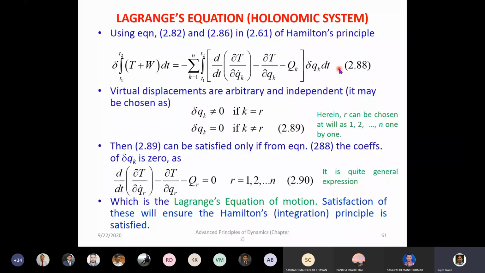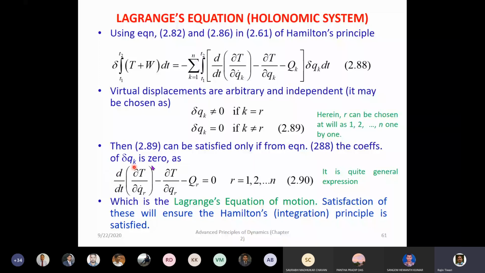To satisfy that, the term within the square bracket should be equal to 0, because the variation is arbitrary, so it cannot be 0. So all the terms within this summation, there will be n terms, should be independently equal to 0. This is the expression for that, where r can take values from 1 to n. So these are the n terms. Independently, for all the generalized coordinates, this particular term within the bracket will be 0.